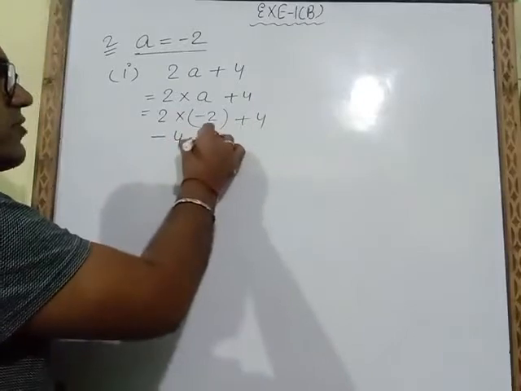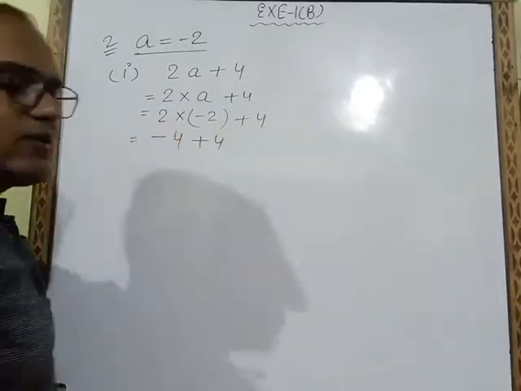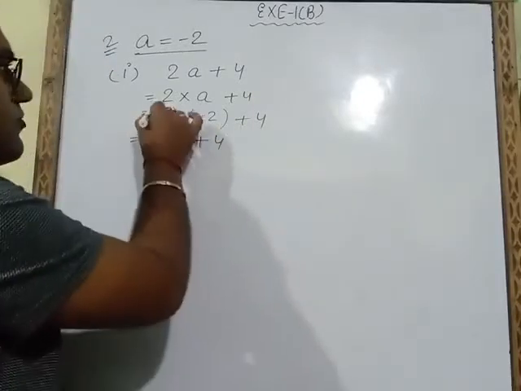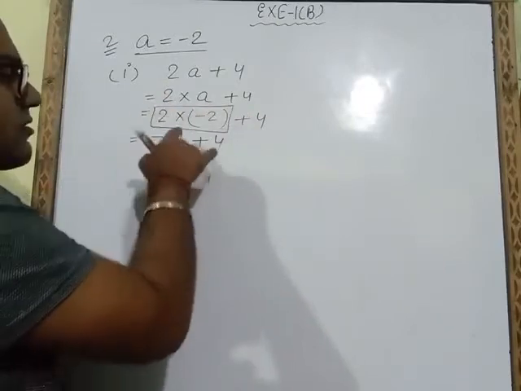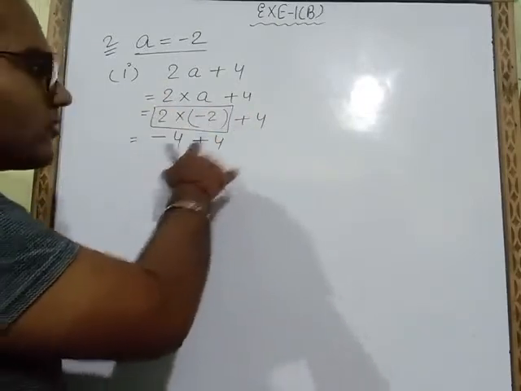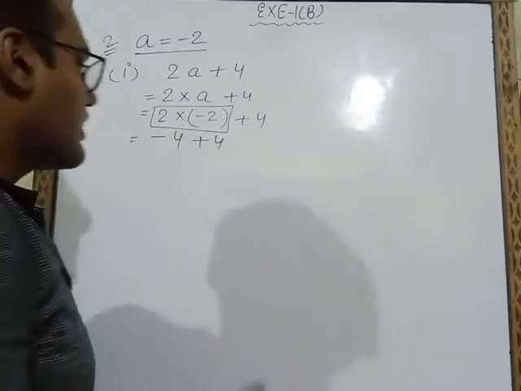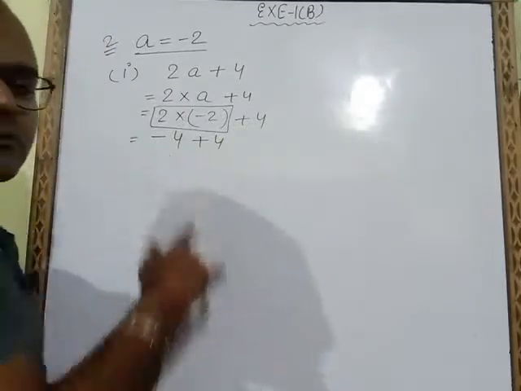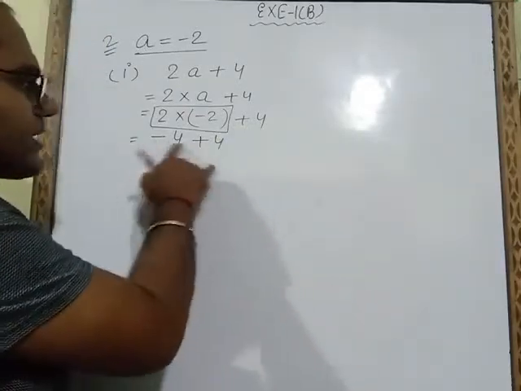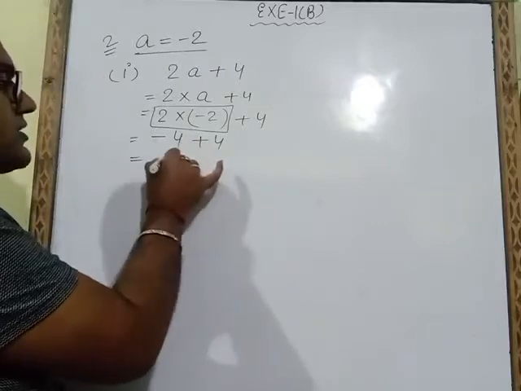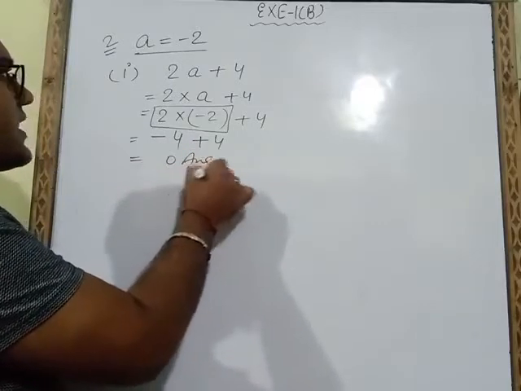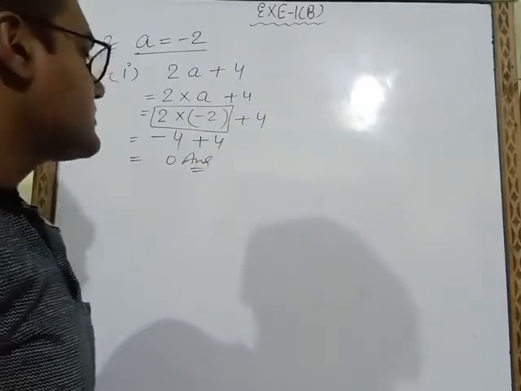This plus 4 we write as it is. On multiplying these two we get minus 4. This plus 4 we write as it is. Now minus 4 plus 4, so we subtract these two. 4 minus 4, answer will be 0. So the final answer of this first part is 0.